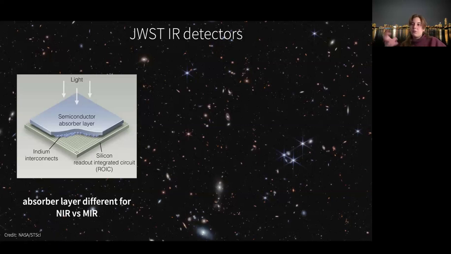So every time you read out, you reset the detector for a CCD. For this type of detector, instead of pulling all the charge from the detector, you have capacitors in this readout circuit, and the capacitors, connected with a specific kind of amplifier, allow you to monitor how much charge is being accumulated at various points without actually taking the charge away.